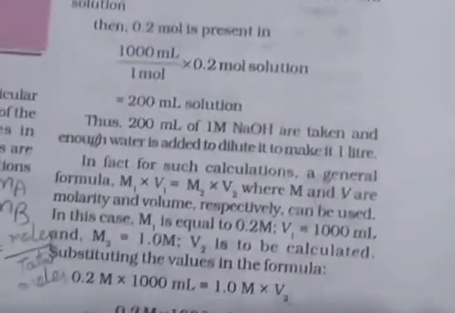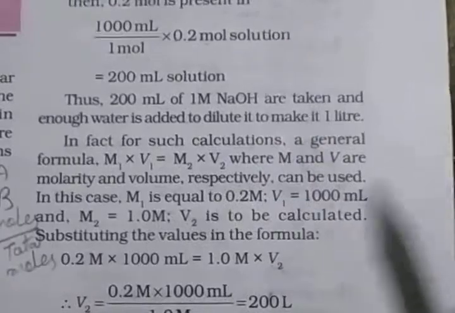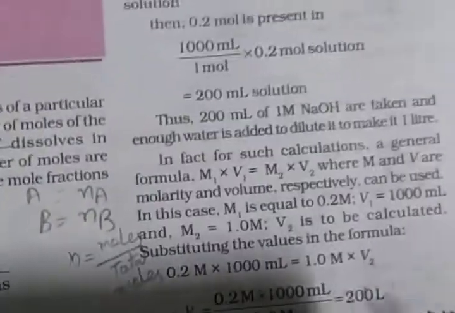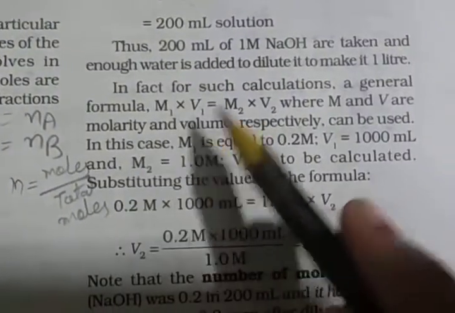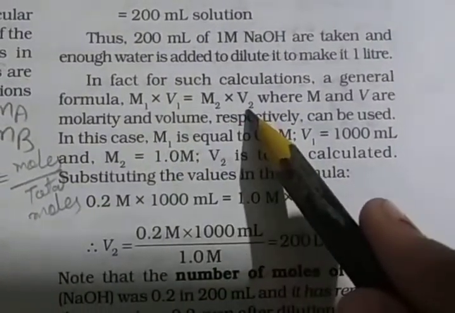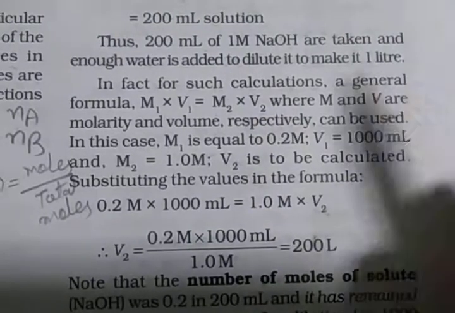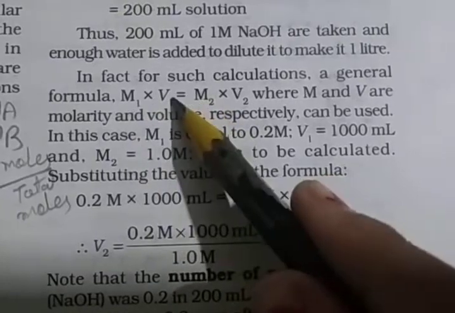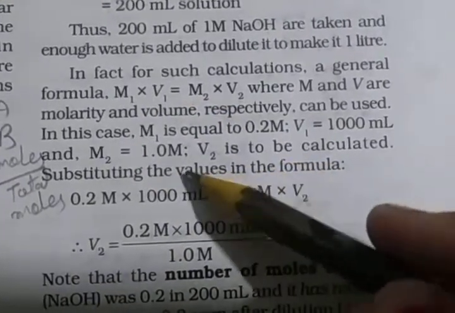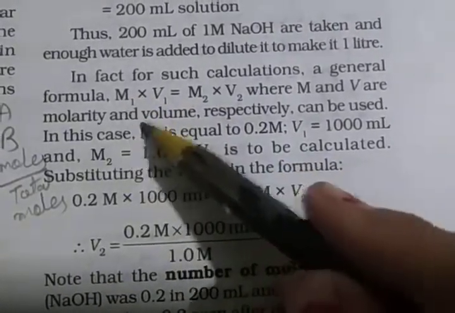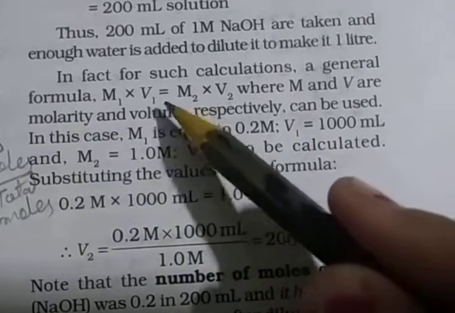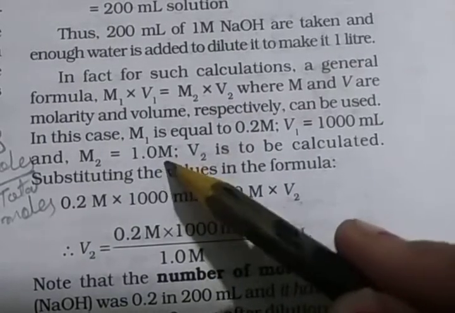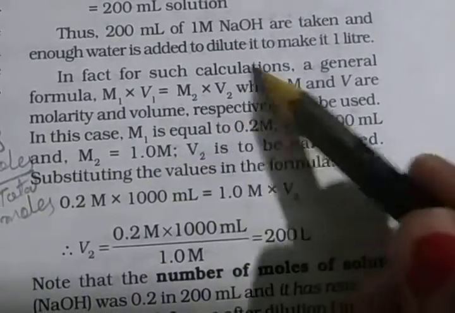For such calculations, the general formula is M1 V1 on one side and M2 V2 on the other side. Here capital M is molarity and capital V is volume. So M1 is 0.2 M and V1 is 1000 ml, M2 is 1.0 M, and V2 we have to calculate.